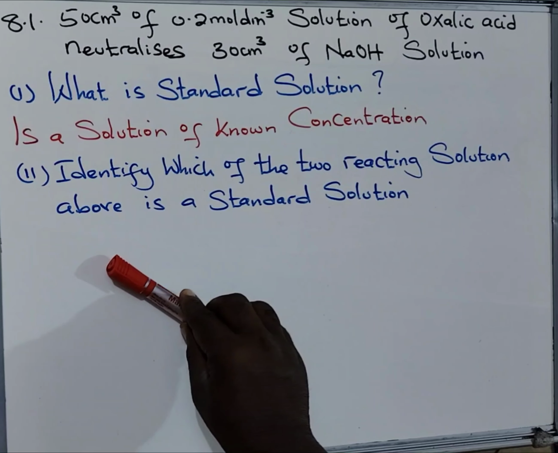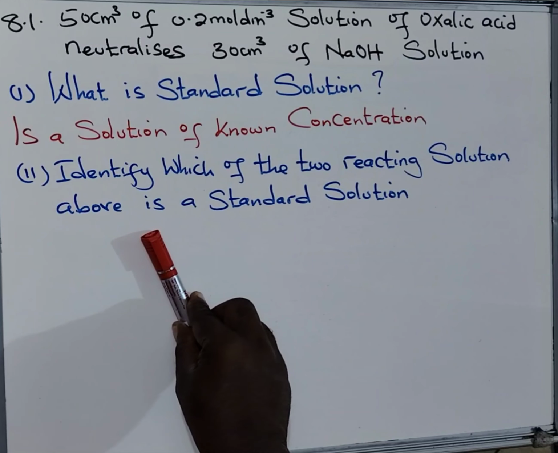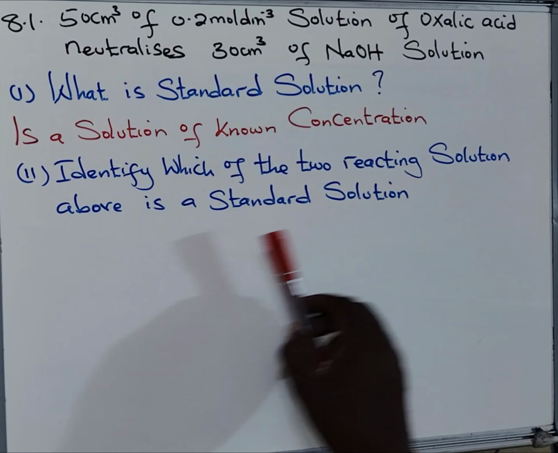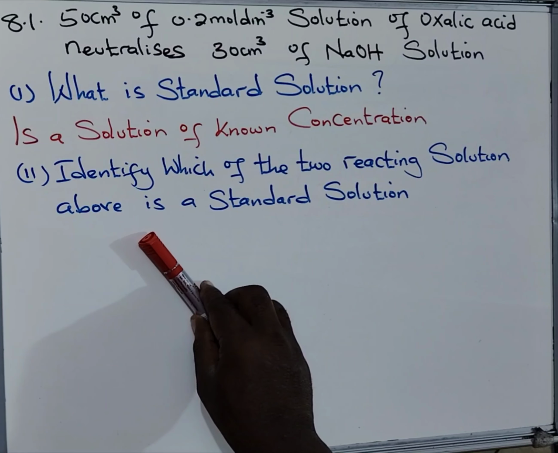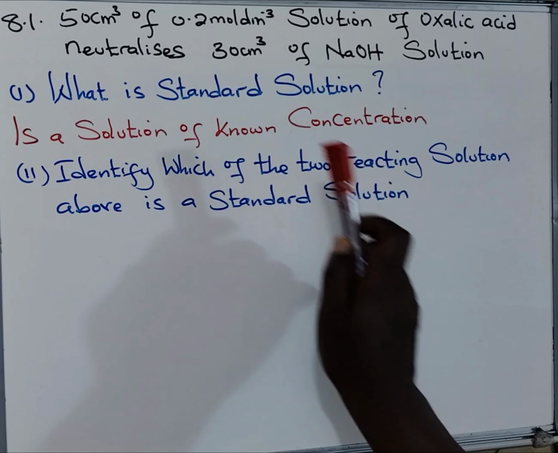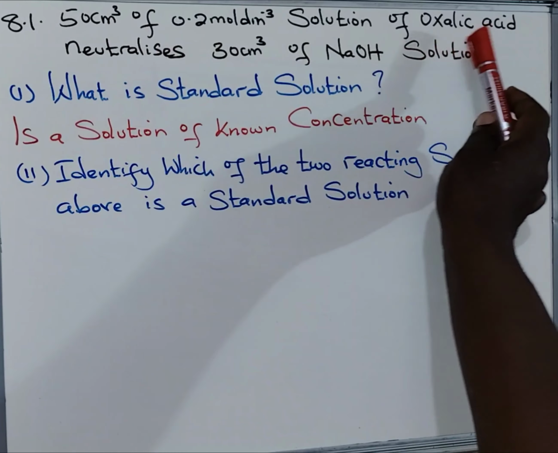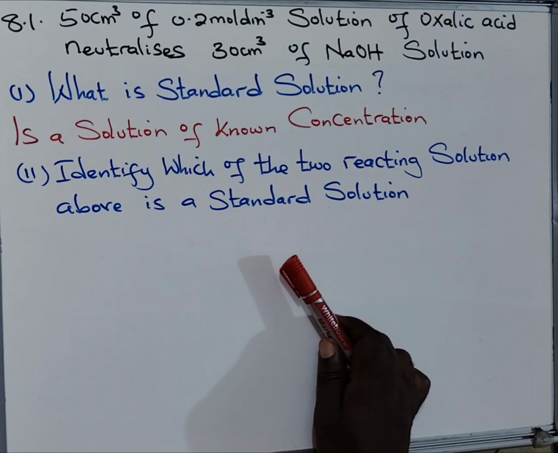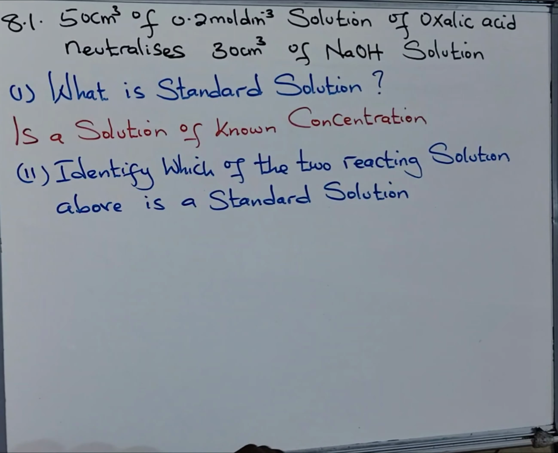Then comes this question. Identify which of the two reacting solutions above is a standard solution. So we have two solutions reacting: one is oxalic acid and the other is sodium hydroxide. Which one is standard?